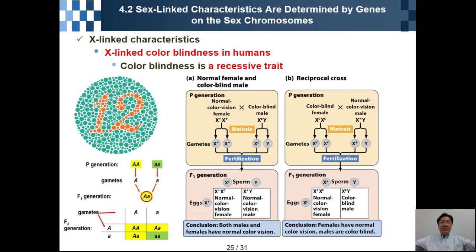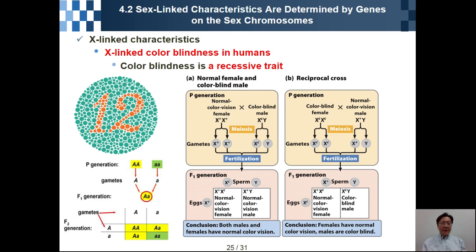So in the classroom, maybe none of them is color blind. Maybe if there are 1,000 people, one or two people will have color blindness. It means that color blindness is a recessive trait.